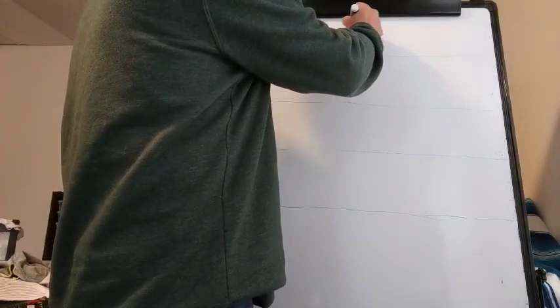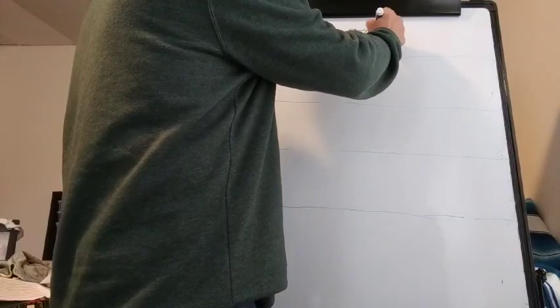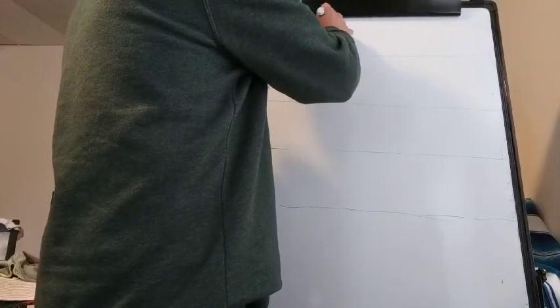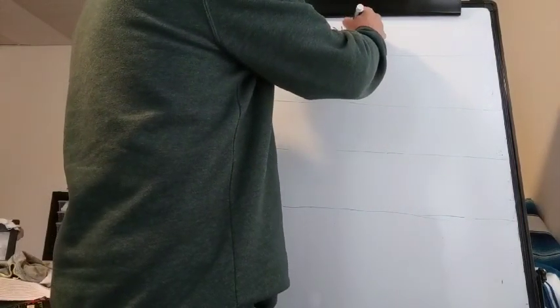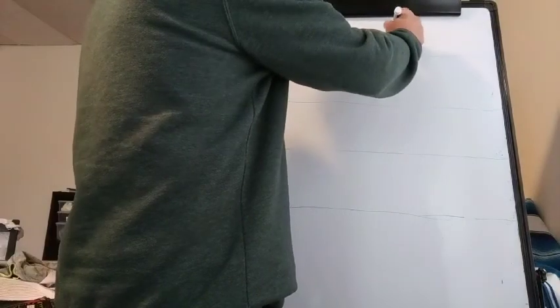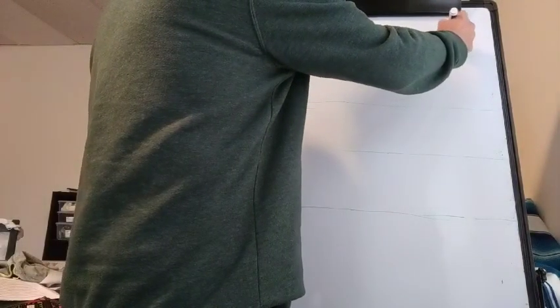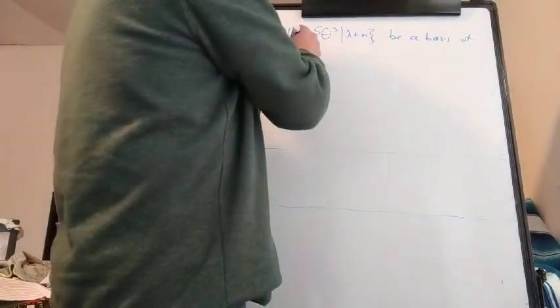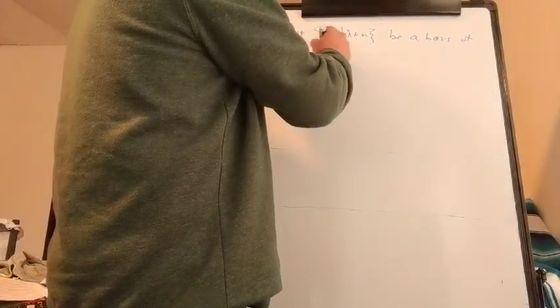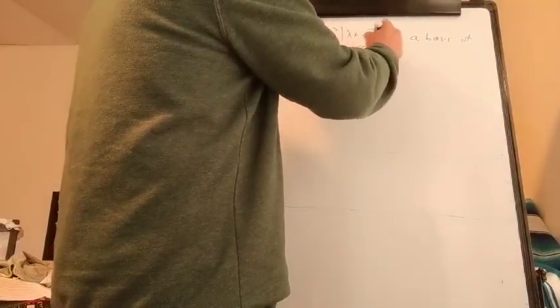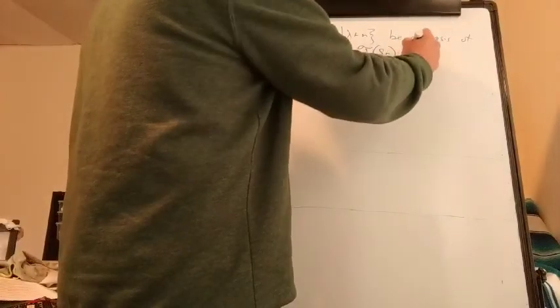So let's say we have a basis theta lambda. Let this be a basis of the trace space of the symmetric group.